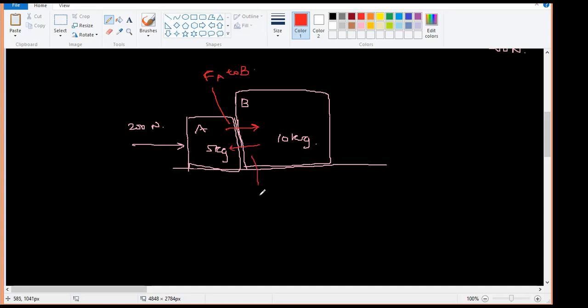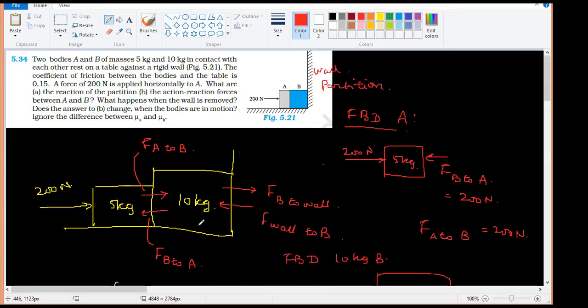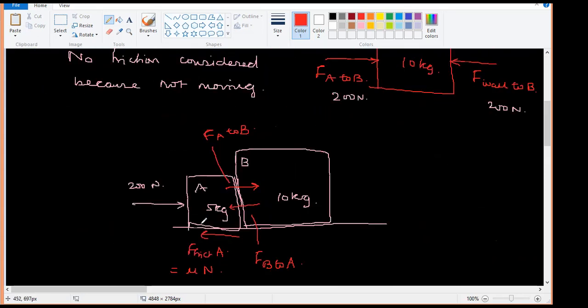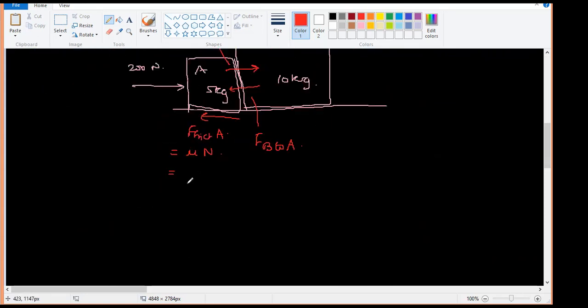So take it down properly. Mu is 0.15. N is 5 kg, 50.